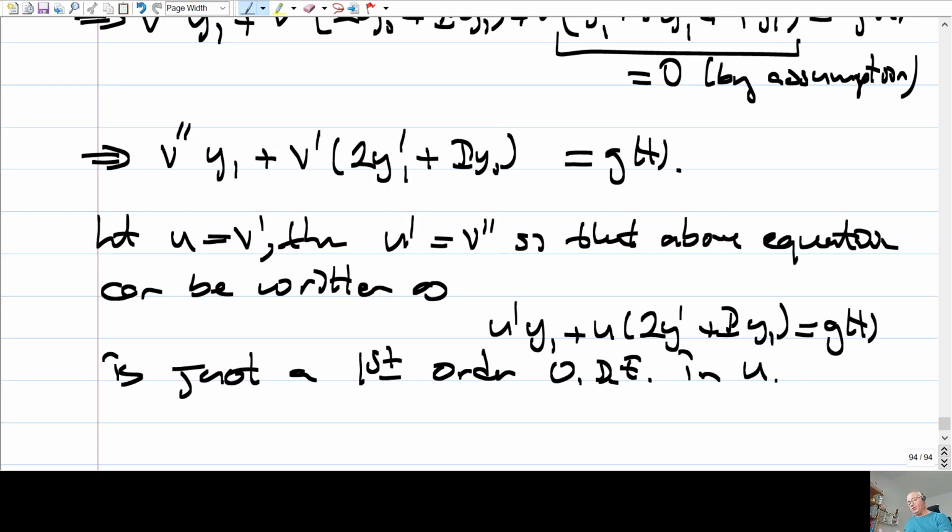And since it is first order, we may solve this. This is a linear first order equation, and we know how to solve this. Of course, if the coefficient terms are terrible, then we may run into trouble, but there is at least hope for that.